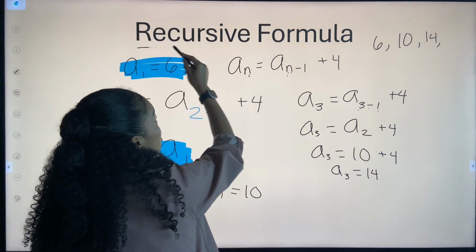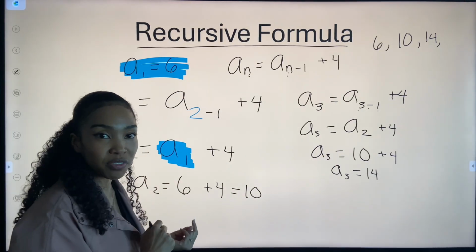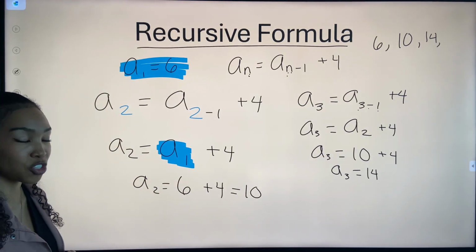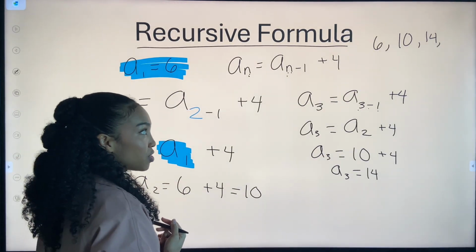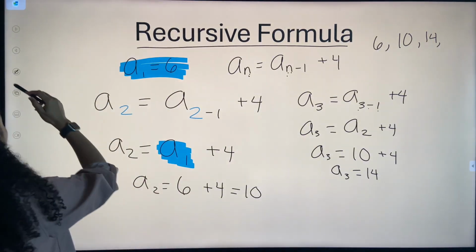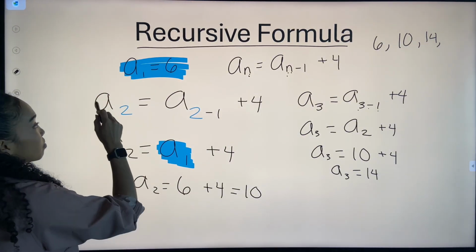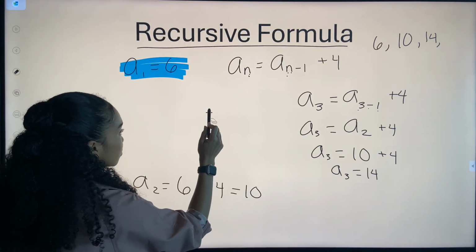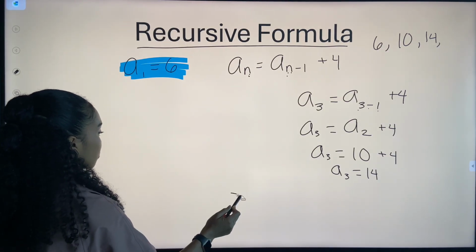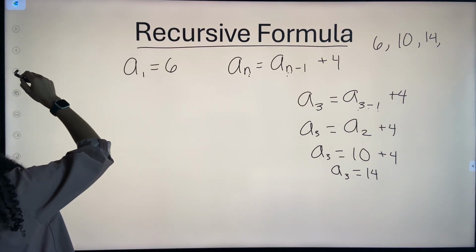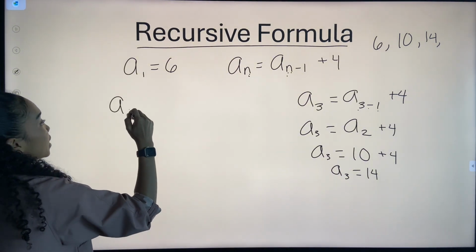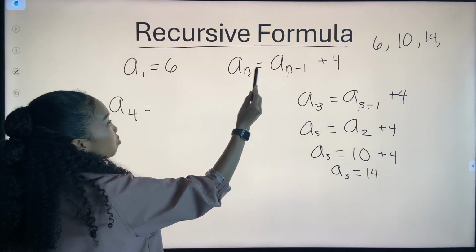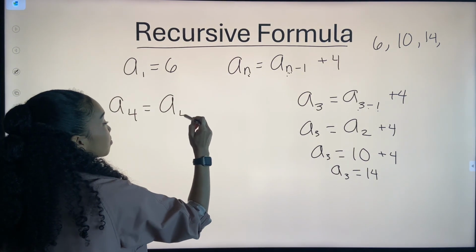So with the recursive formula, you have to know the previous term in order to find the next term. So let's find A4. Finding A4, we're going to plug in 4's where the n's are.